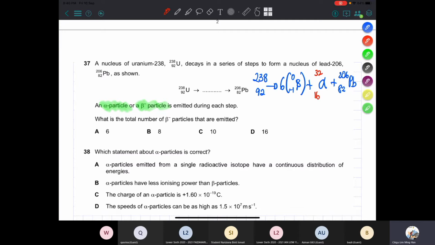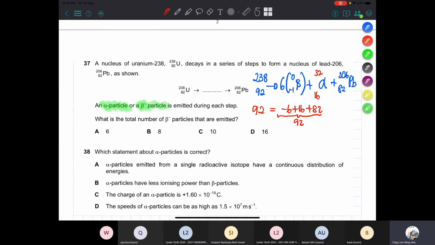It's 92 minus 6 plus 16 plus 82, so this is 92. My algebra failed today, I got a 4. It's okay.